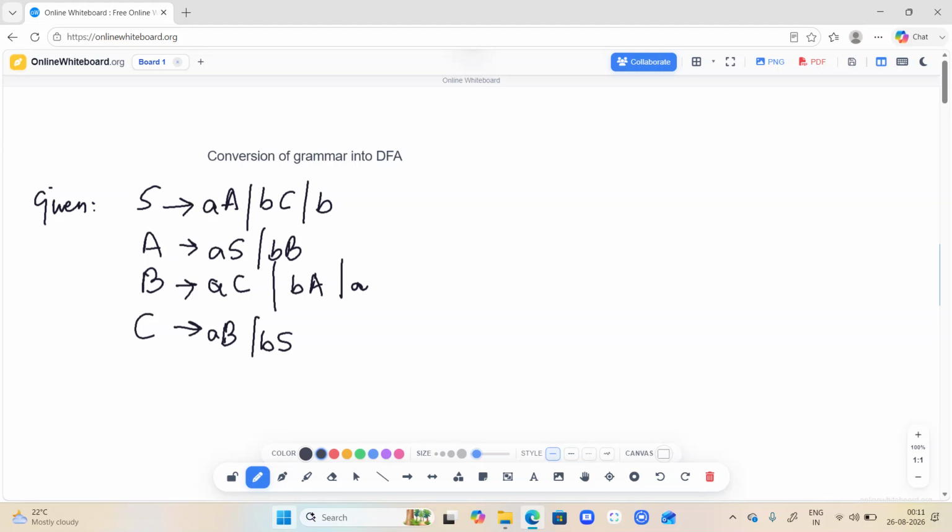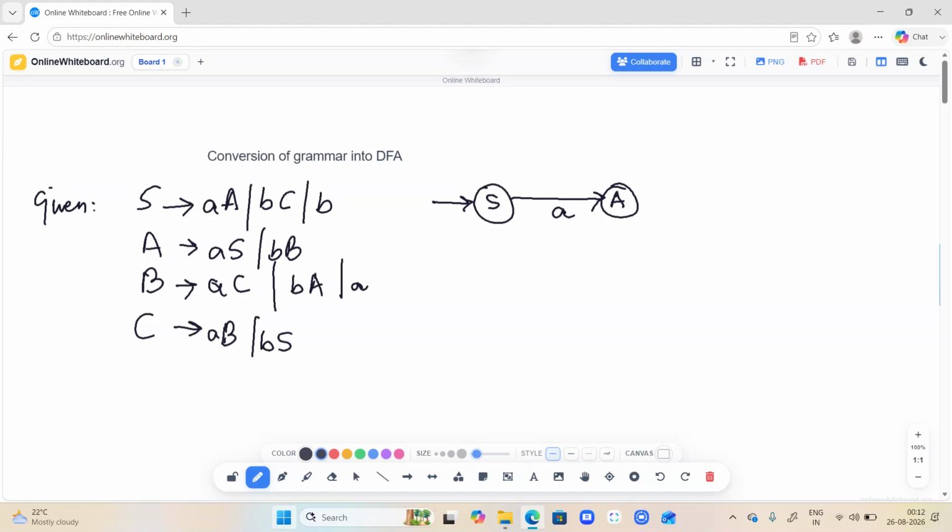Now moving on to how to convert this grammar into a DFA. So all the capital letters that you see, they will act as your states. Let's start with the starting state, which is S. Start from this production rule. So S will go to state A on input a. So this is my state A, and S goes to A on input a.